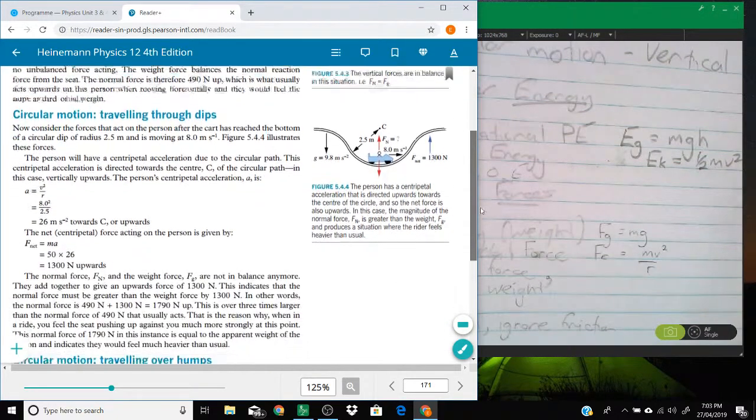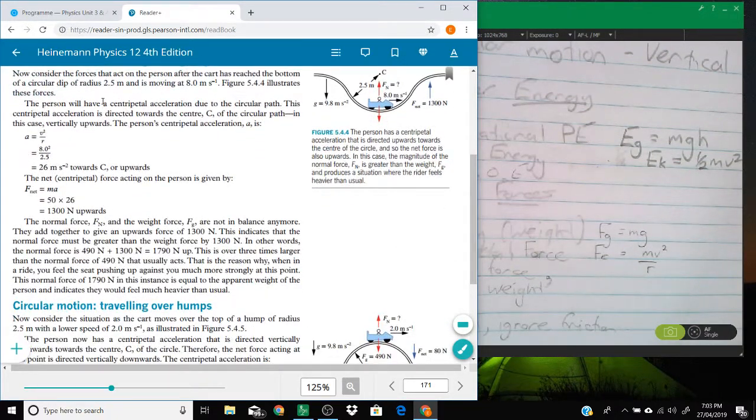So let's have a look at what they've done here so far. They've worked out the centripetal acceleration, and they've multiplied that by mass. So this is your centripetal force, the force required to turn this around.